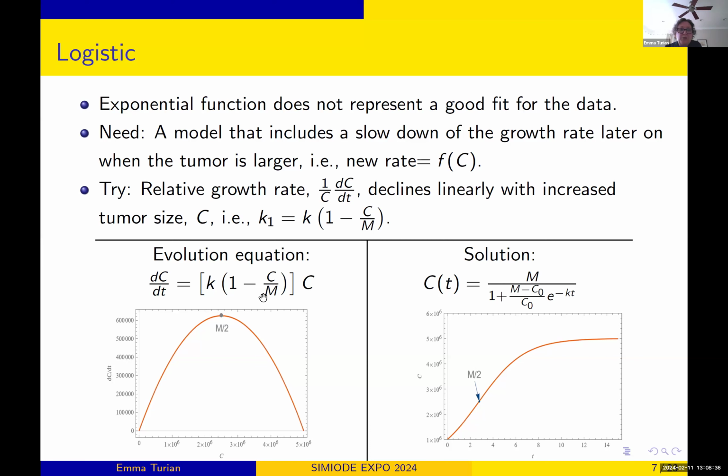So again, we look in parallel at the evolution equation and at the solution. So basically, as the rate increases, the function grows faster, and as the rate decreases, the function slows down after the inflection point. Okay, so again, the C0 is before m/2, before the inflection point in this case.